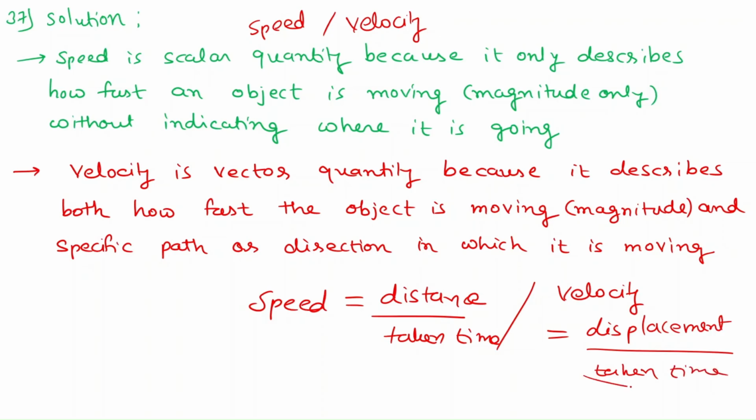Here you see the denominator is the same, so we can neglect it. The speed is directly proportional to the distance, and velocity is proportional to displacement.